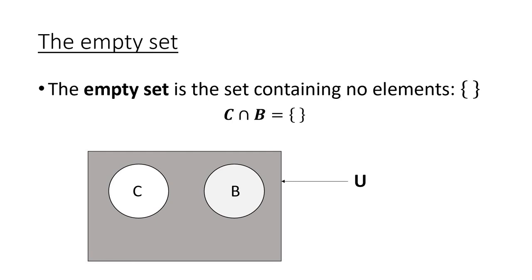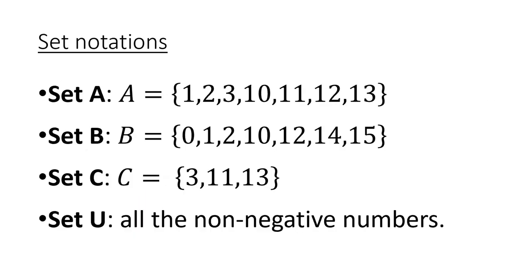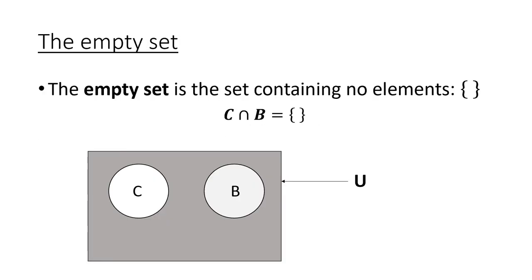Another thing is the empty set, and the empty set is the set containing no elements, literally. So for instance, we can go back to our sets C and B, and when you take a closer look, you will notice that there is no single element which would belong both to set B and set C. That's why when we try to denote the intersection of C and B, we obtain the empty set.